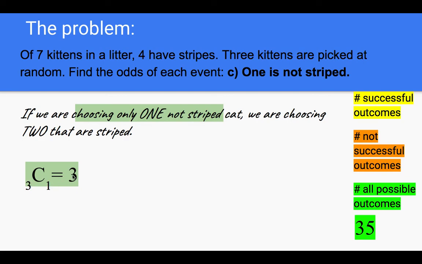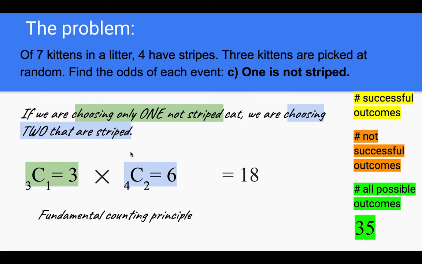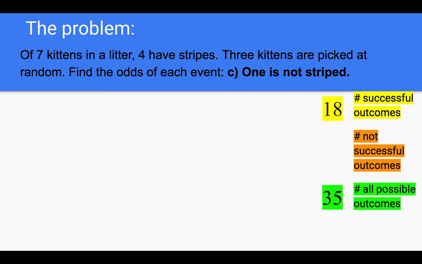We want to choose one. This is the number. And choosing 2 that are striped, we have 4 to choose from. We're choosing 2. This is the number 4C2. And by the fundamental counting principle again, the total number of successful outcomes is 18. I'll leave it here, and therefore the number of not successful outcomes is 17.